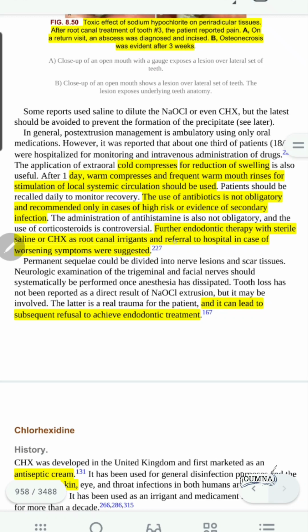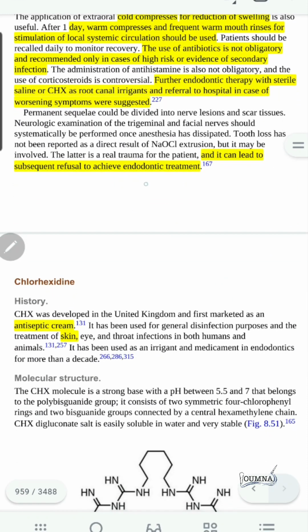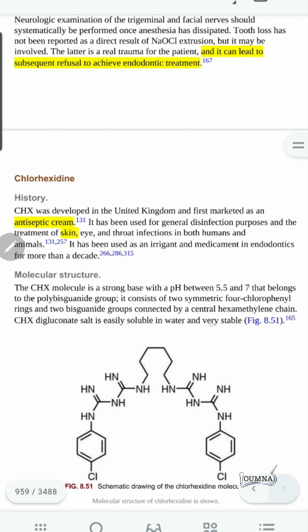And if we want to continue the endodontic therapy, we will use saline and chlorhexidine as root canal irrigants. But unfortunately, usually the patient, after the trauma happens, loses trust in the clinician and refuses to continue the treatment.